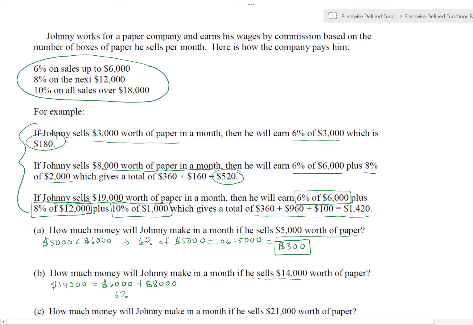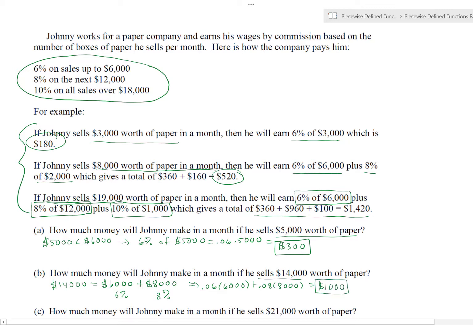Then he gets 8% on the next 12,000, which the 8,000 falls into that category because it's less than 12,000. So you're going to get 8% of that. Therefore, 6% of 6,000 plus 8% of 8,000. Again, press some buttons. You would get that this should be $1,000.